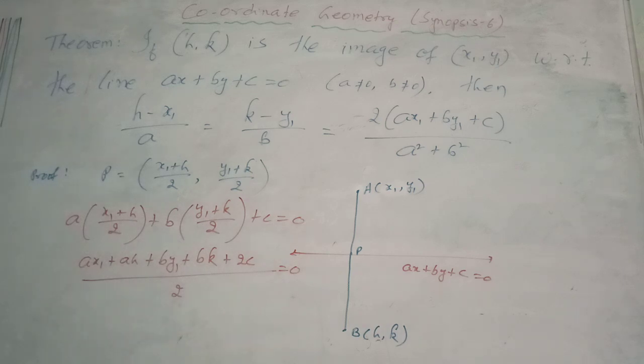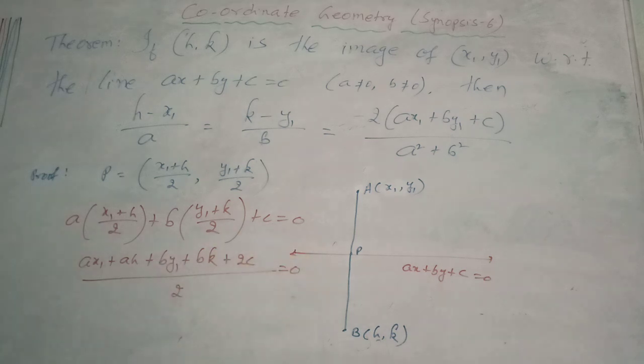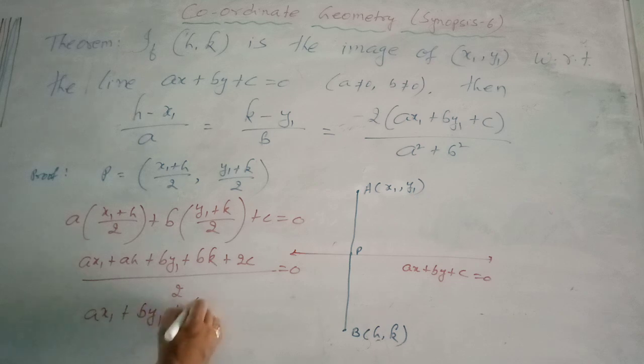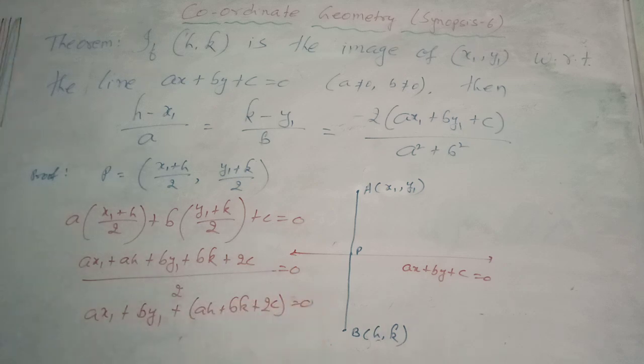So ax1 plus by1, and ah plus bk. I move the 2 to the other side, so it becomes ax1 plus by1 plus ah plus bk plus 2c is equal to 0.